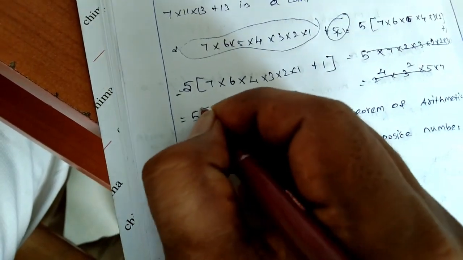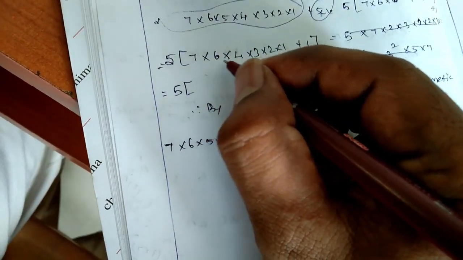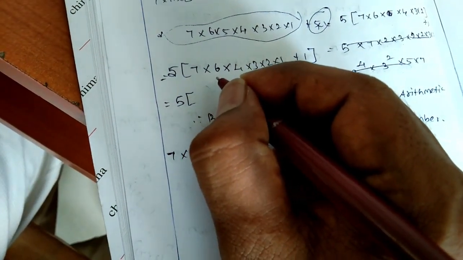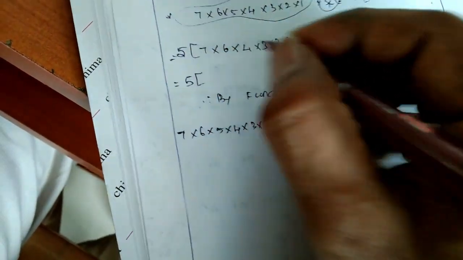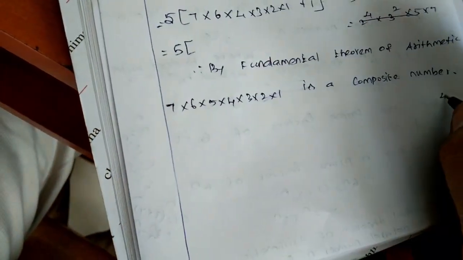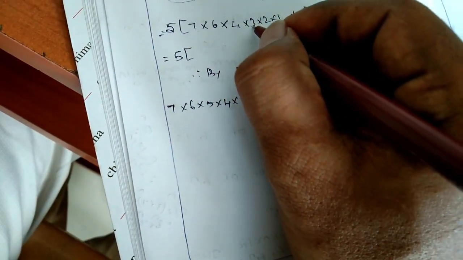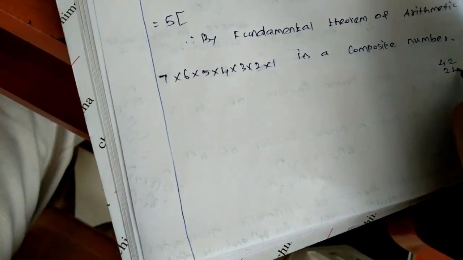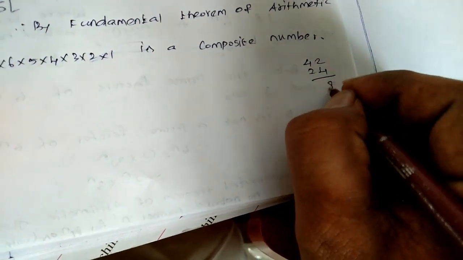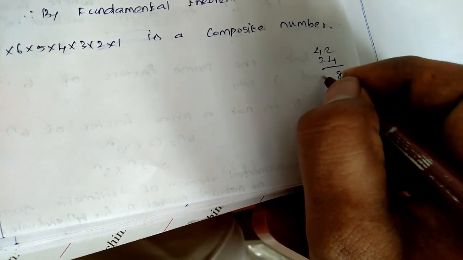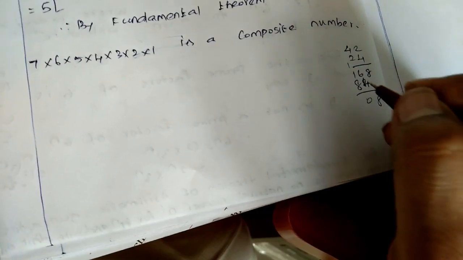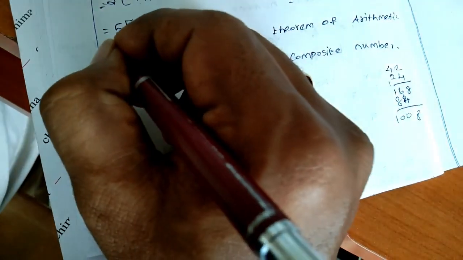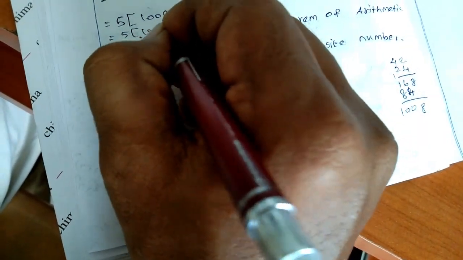Now we write the product answer. 7 6s are 42, 42 4s are 168, 168 3s are 504, 504 2s are 1008. So the product is 1008, plus 1, so that is 5 into 1009.